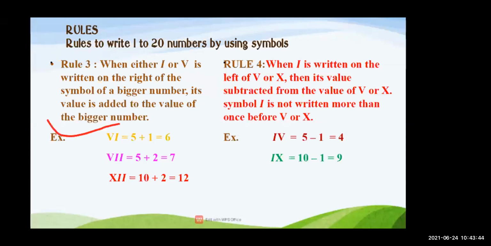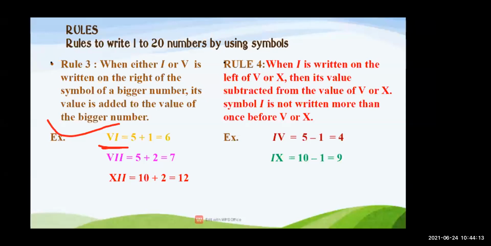Now you can see this through the first example. Here in the first example it is written VI. Now on which side is I written, left side or right side? I is written on which side? Very good, I is written on the right side. So if it is written on the right side, what do we have to do?